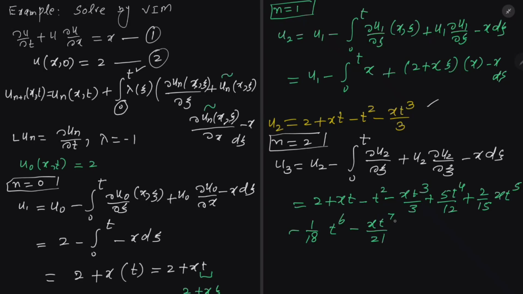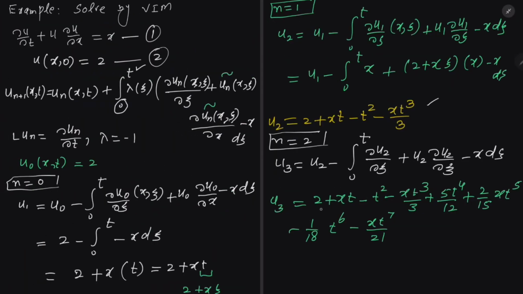And what is the reason that you have written this u3? The reason is that we want to make a formula from that. So the formula for this is un. First, you need to define un of x, t. You can see that in 2 plus xt, you can take common x from all these terms, and without x we have these terms all together.